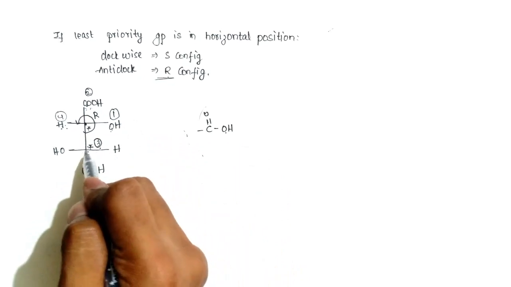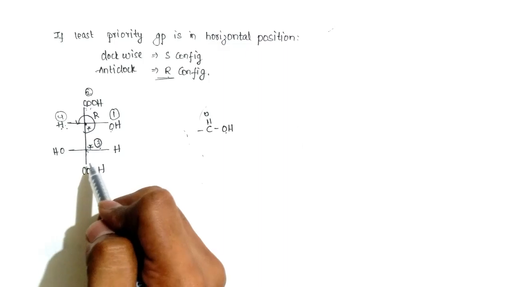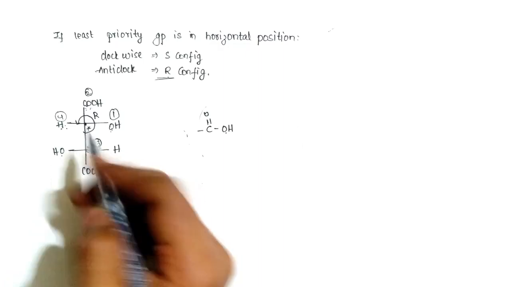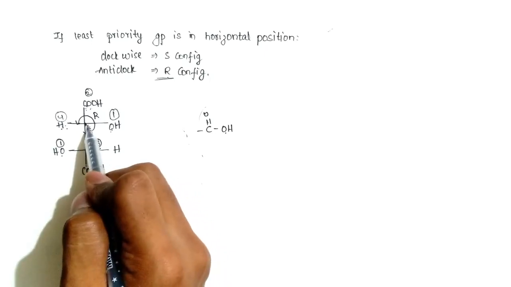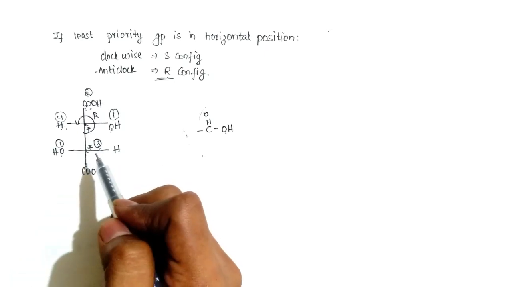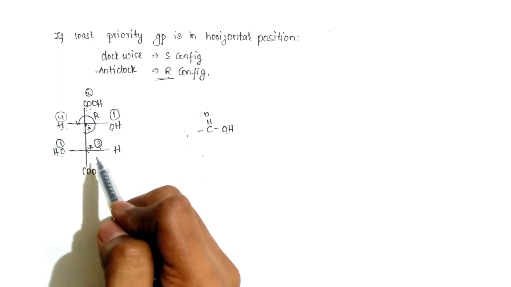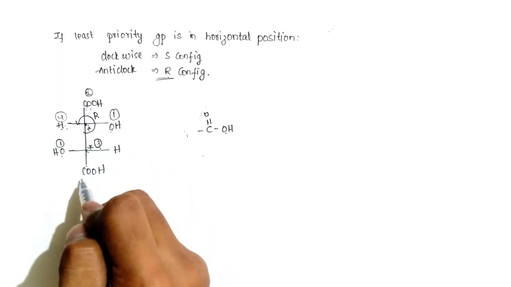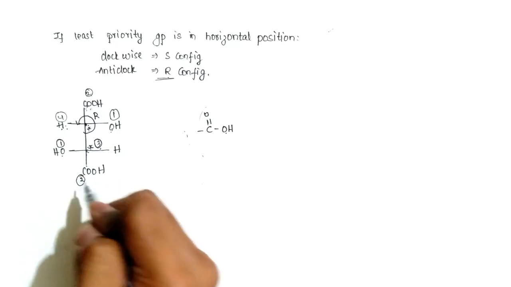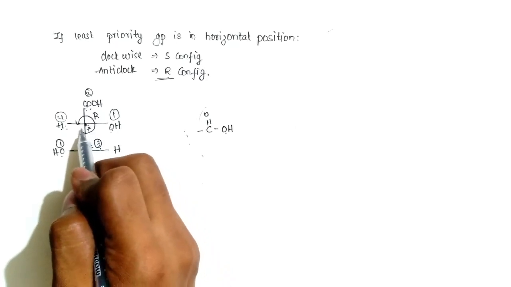Now let us see the other chiral center. Here O, again O will get first priority, and when we see here also a carbon atom is there and here also a carbon atom is there. Now when we duplicate it, here three O's are there, so we will get second priority for this one, and third priority obviously this one.